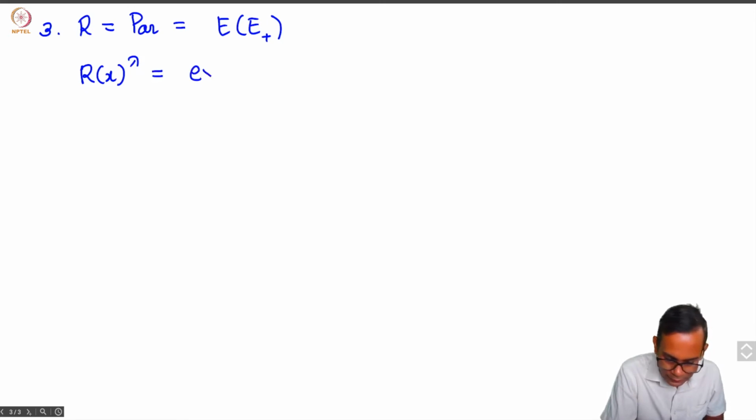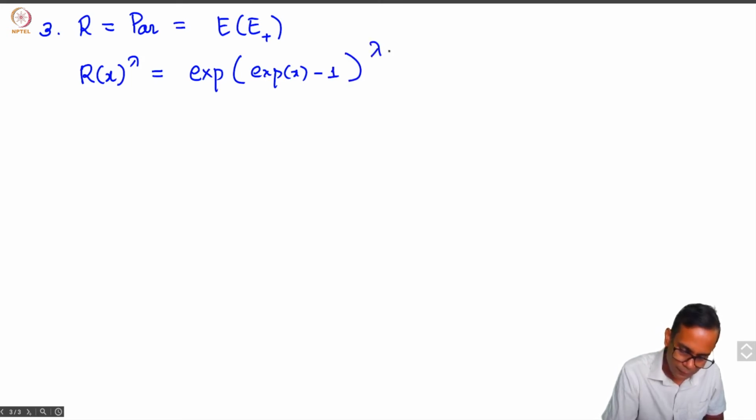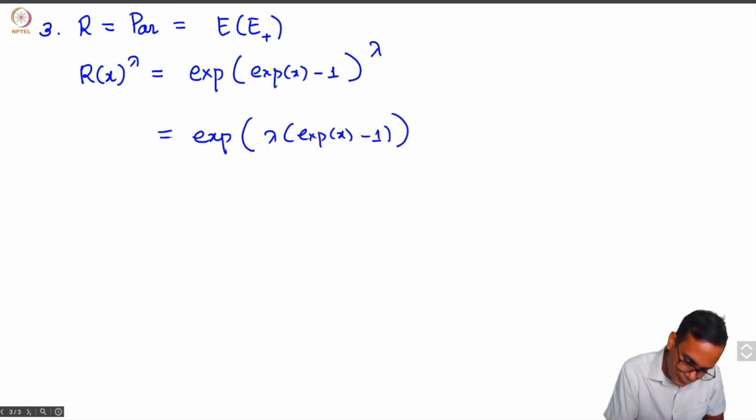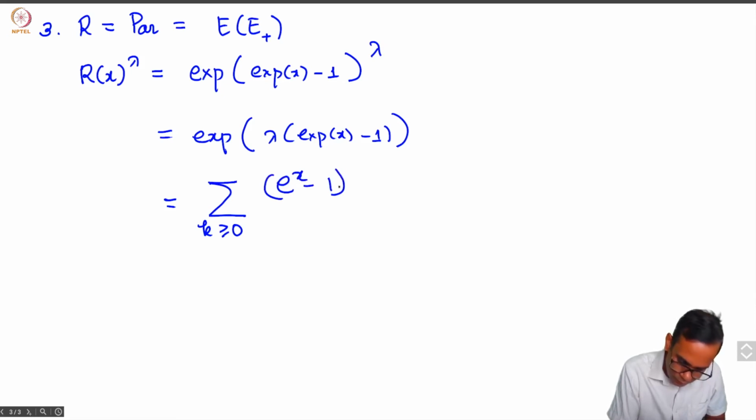Well, we know that it is exp of (e to the x minus 1) to the power lambda, which we can write as exp of lambda into (e to the x minus 1), and that is just the sum k greater than or equal to 0 of (e to the x minus 1) to the power k, lambda to the power k by k factorial.